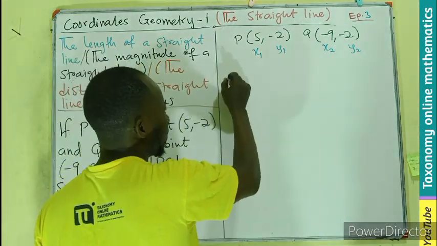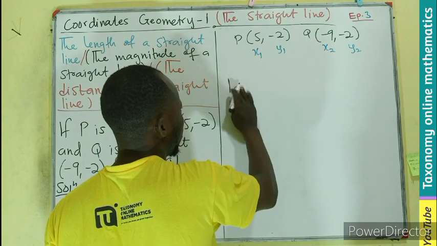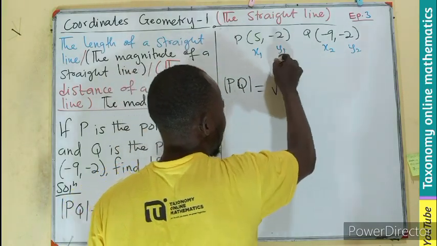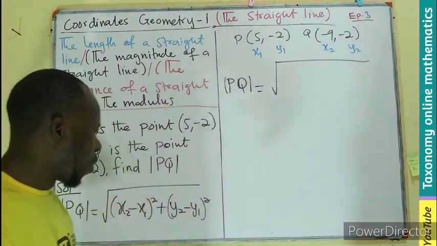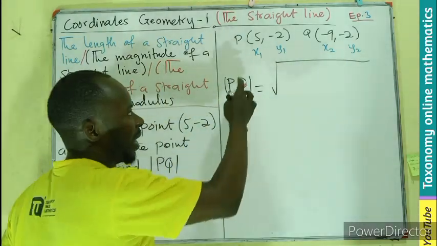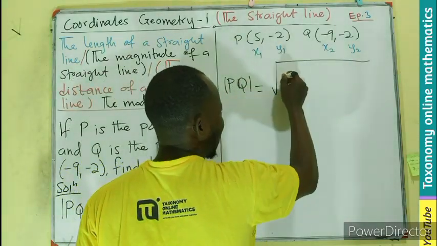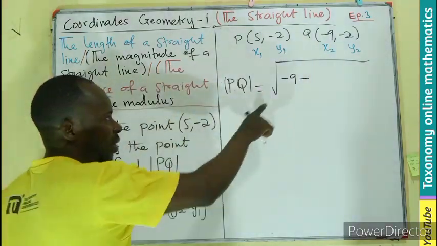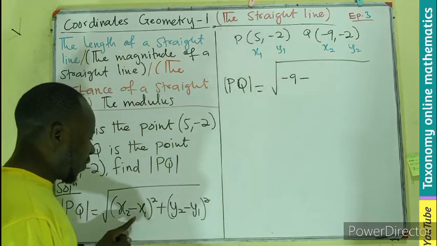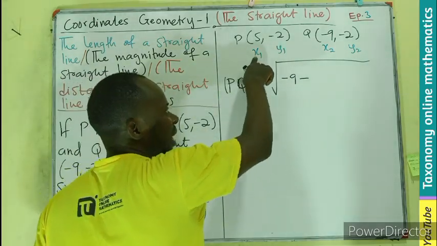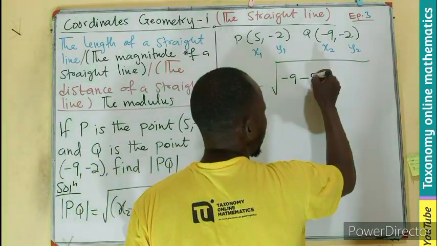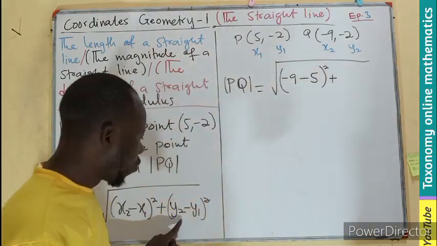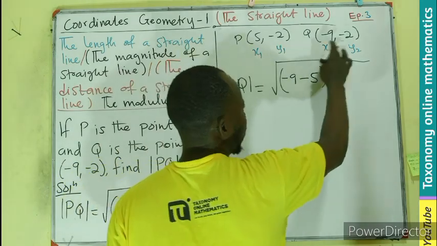So fast forward, your magnitude of PQ will just be the square root of the x2 from here, definitely. That will be minus 9. Minus, don't forget this minus is the one you're seeing here. Then we go for x1. Where is the x1? x1 is 5. So the square of that, plus y2. Where do we see y2?